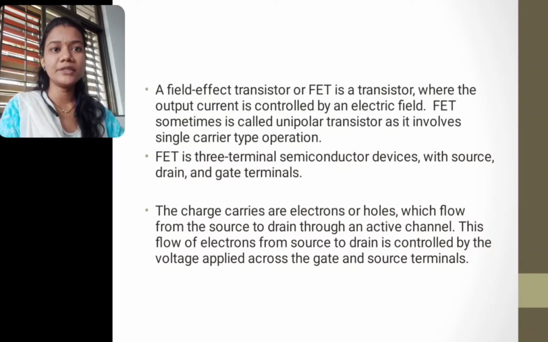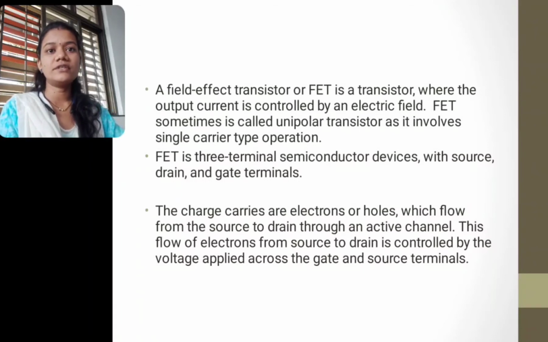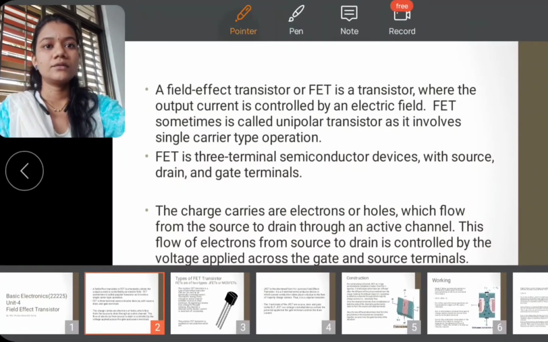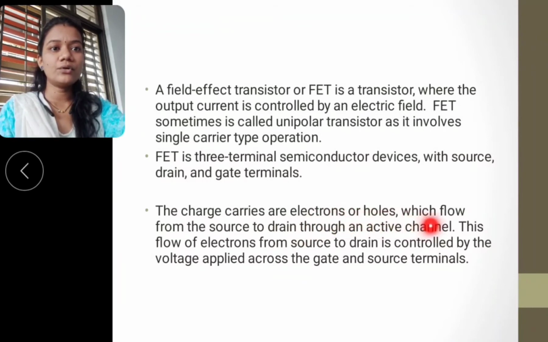FET is a three-terminal semiconductor device having terminals source, drain and gate. As in BJT we have seen that BJT also has three terminals, that is emitter, base and collector. So FET also has three terminals: source, drain and gate. The charge carriers are electrons or holes which flow from source to drain through an active channel.